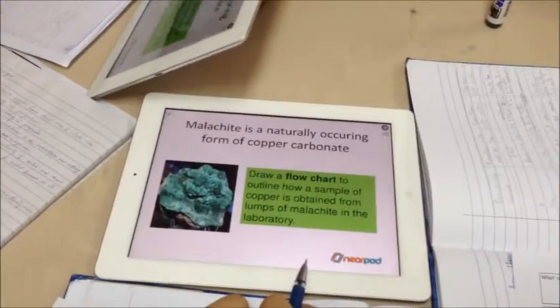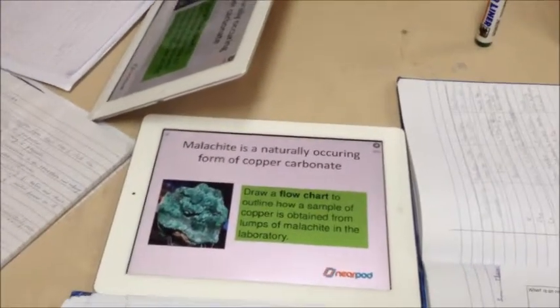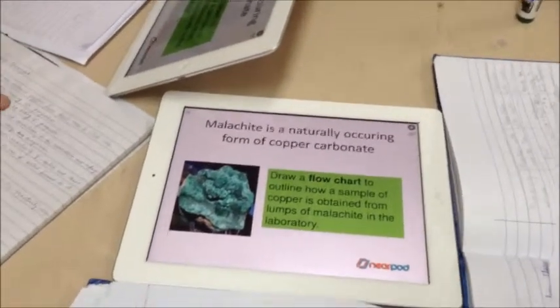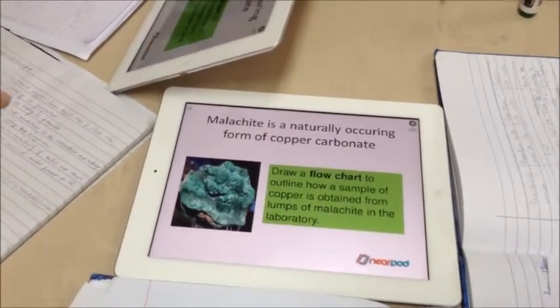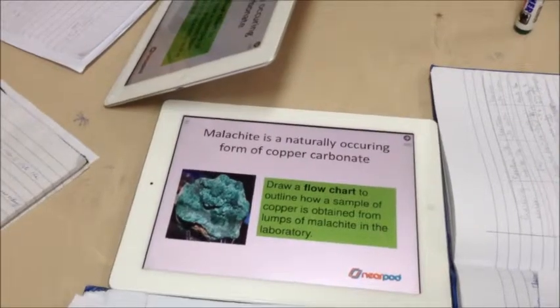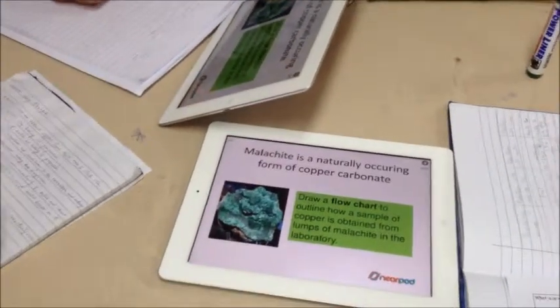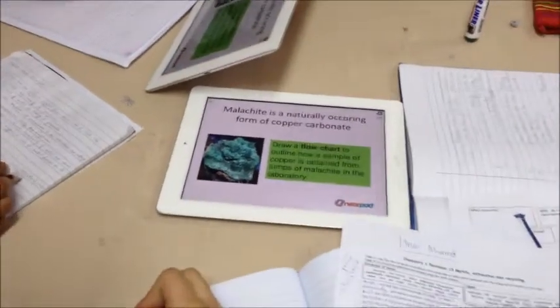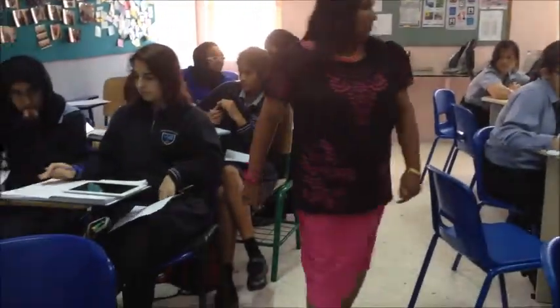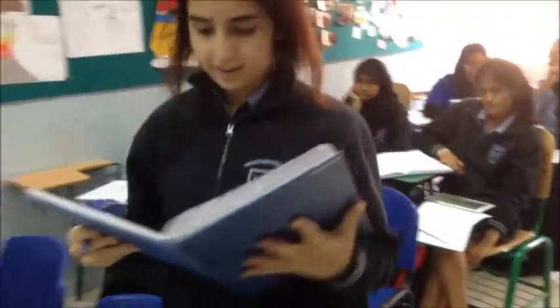Question. Malachite is a naturally occurring form of copper carbonate. Draw a flow chart to outline how a sample of copper is obtained from lumps of malachite in the lab.